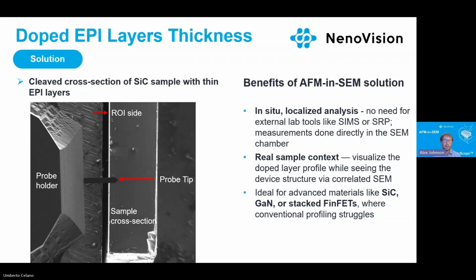It can be done directly inside your SEM chamber. This allows us to do the mapping directly on your samples and correlate it with the SEM images as well. Without this, it would be near impossible. So this is ideal for things like stacked FinFETs.